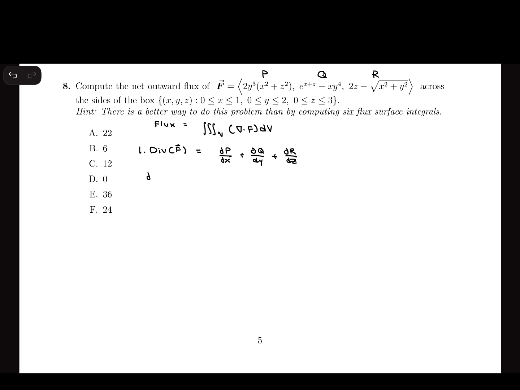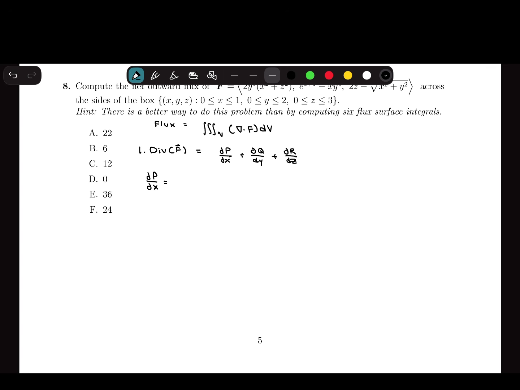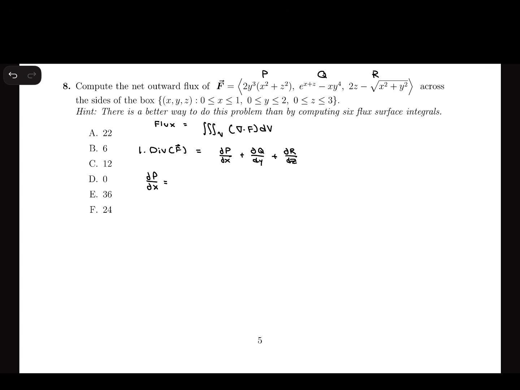So now we have to simply find the partial derivatives of each of these with their respective variable. So let's do the partial derivative of P with respect to x. In this case, this means that we're taking x as the variable and y and z as the constants. If we look at this, they want us to follow the product rule, but since y is a constant, there's not really too much product rule to do.